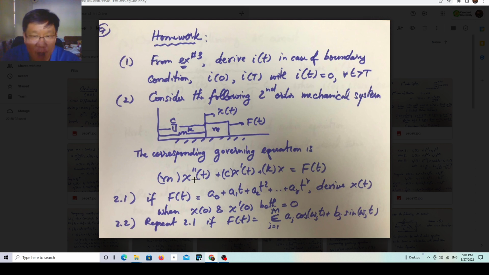That caused the problem of rearranging the terms, and it made the system from the third example become what we call the second order system.